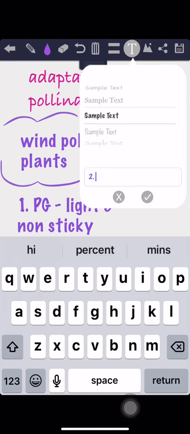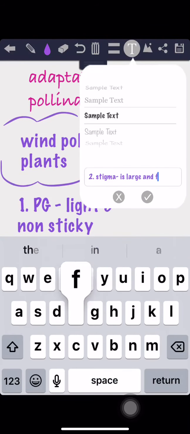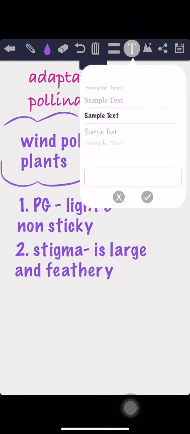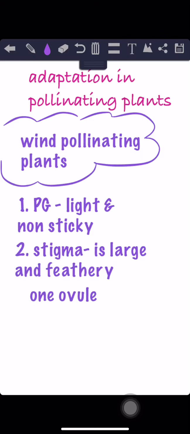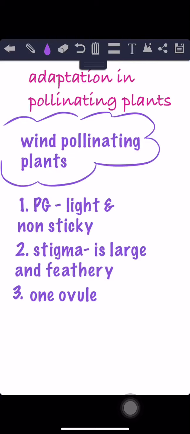Second, their stigma, the female part, is large and feathery. And they mostly have only one ovule in each ovary. Children, these are some of the adaptability features of wind pollinated plants: pollen grains are light and non-sticky, stigma is large and feathery, one ovule.